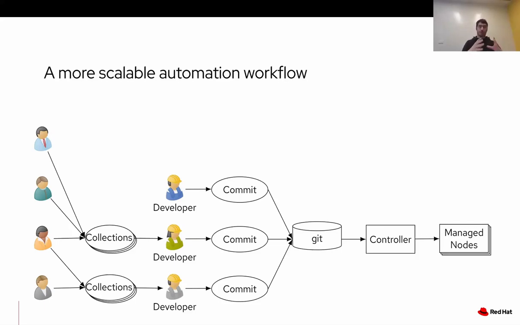And usually those code are grouped in collections. Collections are a concept within Ansible, and basically it's an easy way to share and reuse code. And collections can be also shared online. So an example is galaxy.ansible.org, where basically is like a big repository of collections that are community driven, and everyone can upload their own collections.